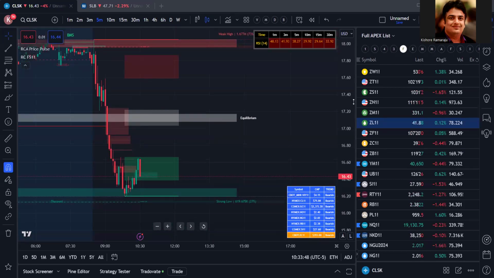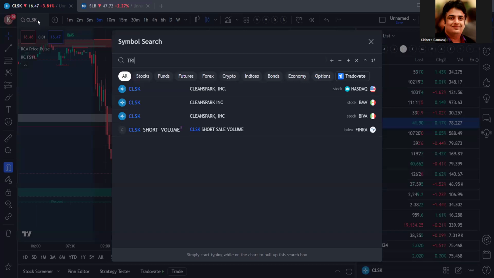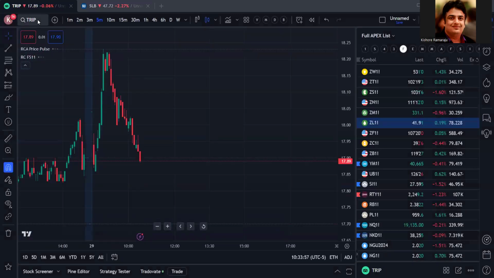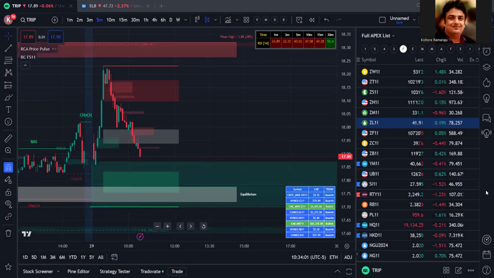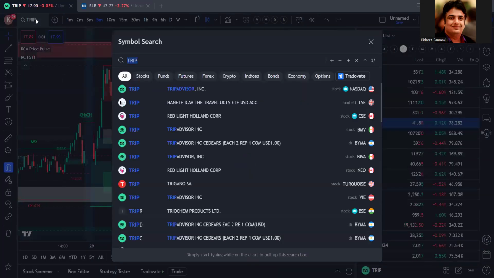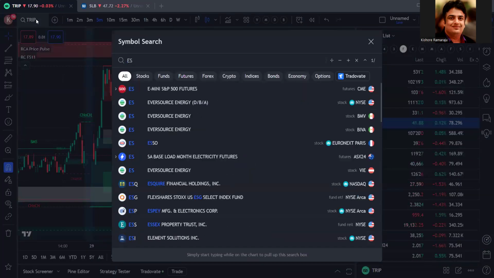Then a lot of travel stocks are looking good. Let us look here.